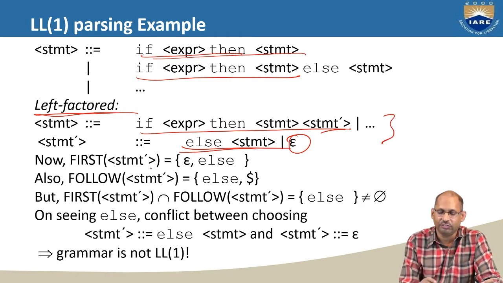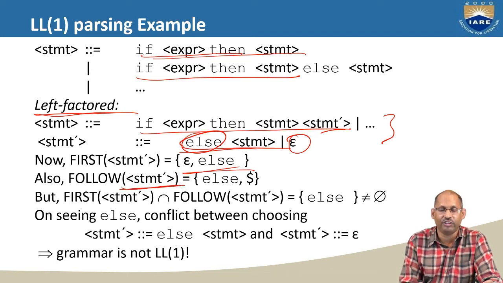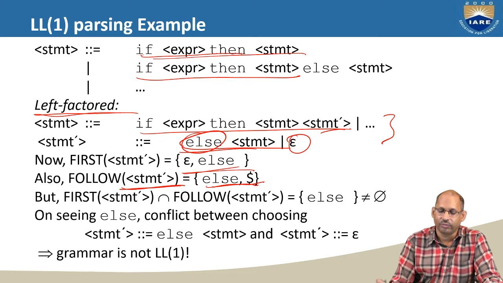What is the first of statement dash? It is epsilon and else. What is the follow of statement dash?